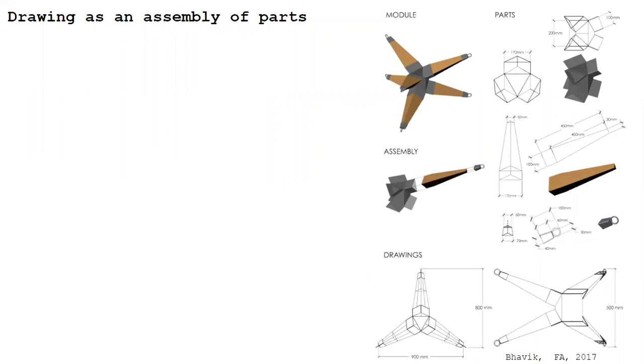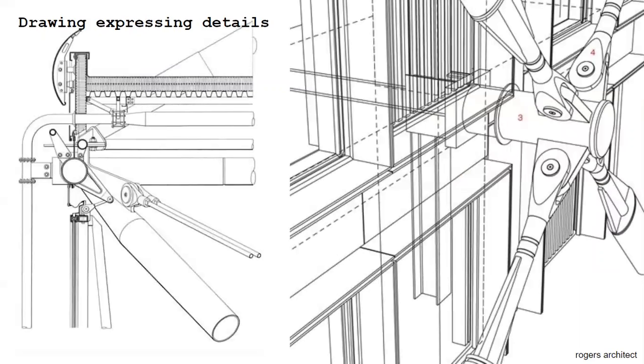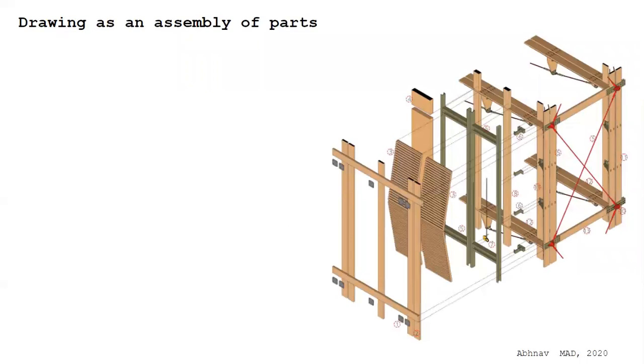We'll be making drawing which talks about the manner in which you can assemble various parts. Then drawing that expresses detail. If you look at some of the drawings, they're trying to show how they're coming together, and when they come together, what is the kind of language that it's trying to express.